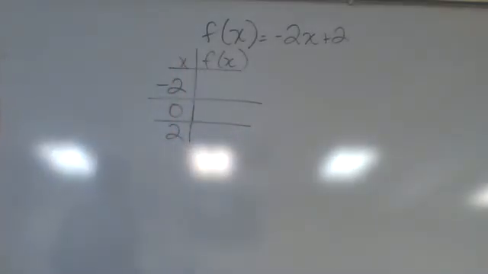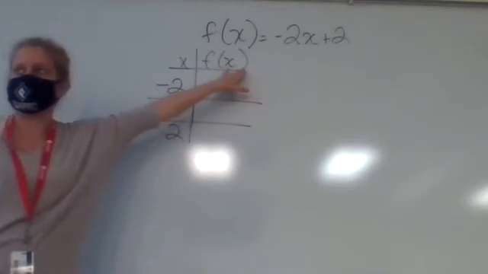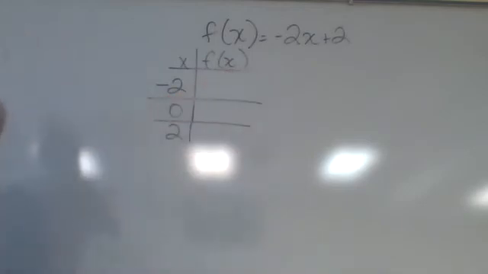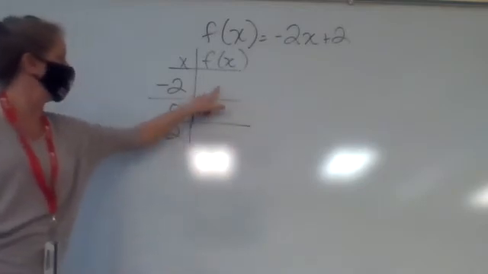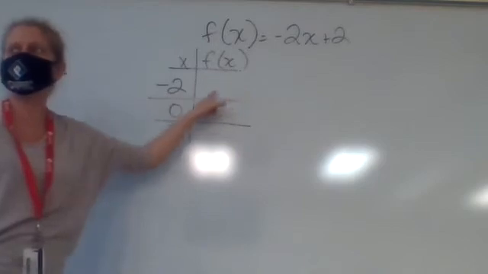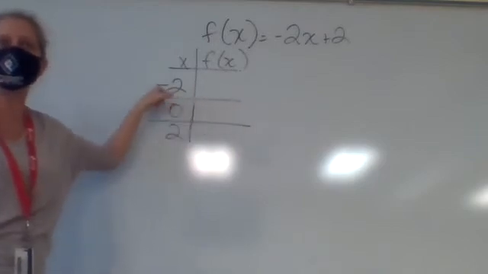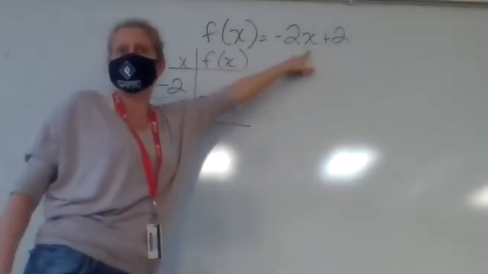You can always fall back to making an X, Y chart. And f of x and y mean the same exact thing. They both mean this column is a function of whatever this is, which means this number is what it is because that's what you get when you replace the x with the x number.